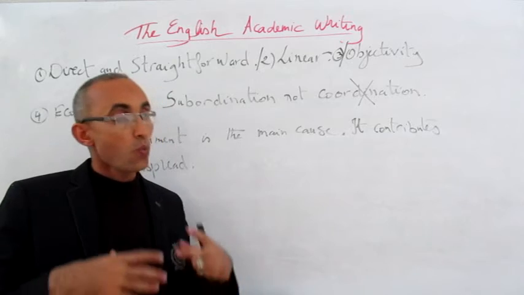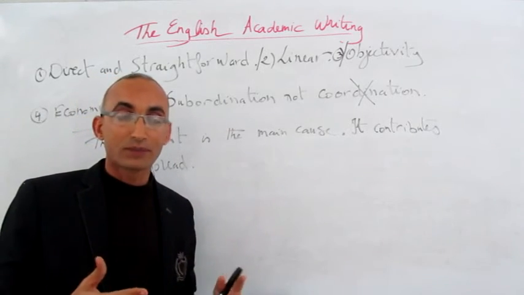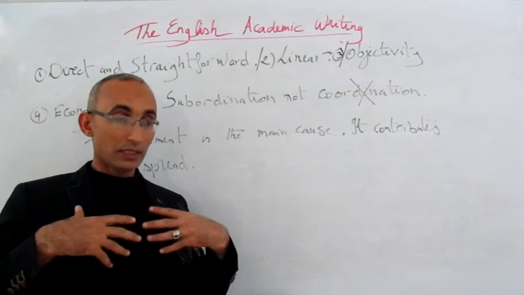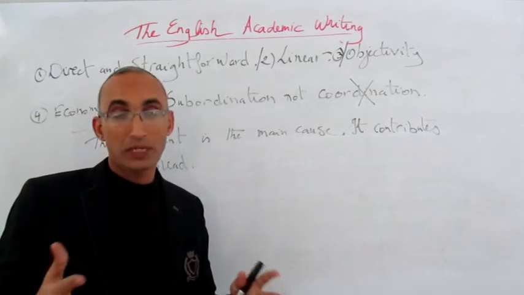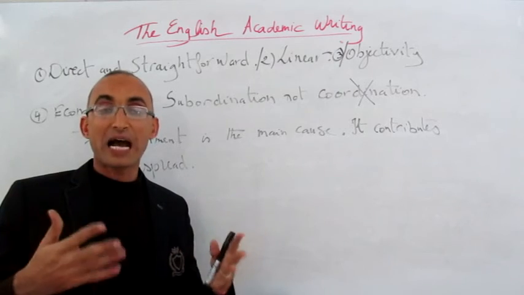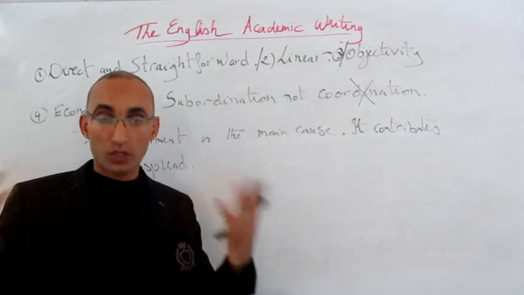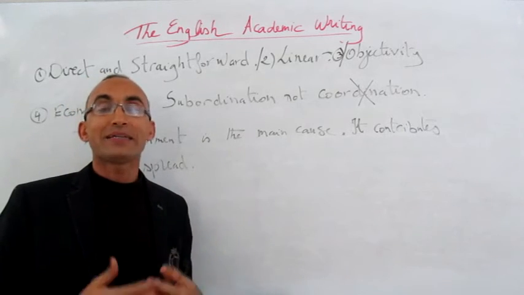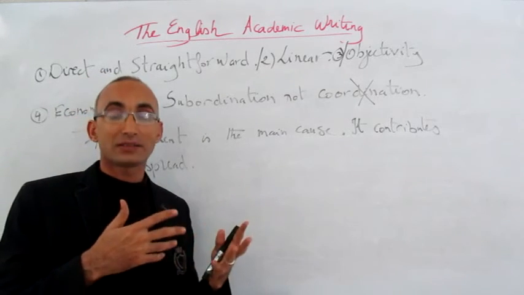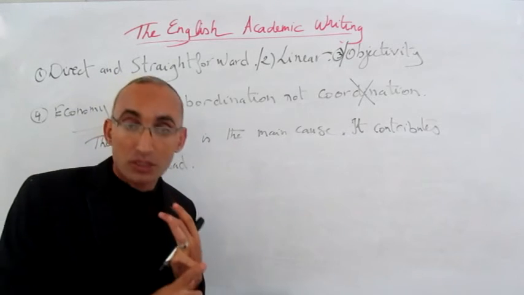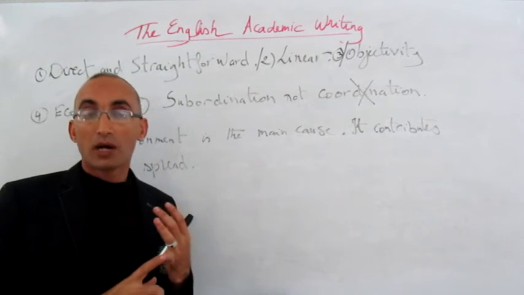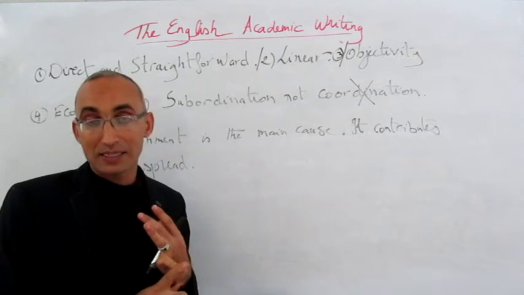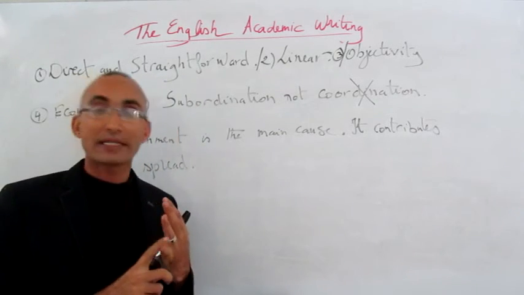It means we must avoid colloquial language, colloquial expressions and words which we are used to using in our speech, as spoken language. We also have to avoid contractions, for example, you're; we must write them in full words: you are, he is, could not, cannot, not can't, and so on.